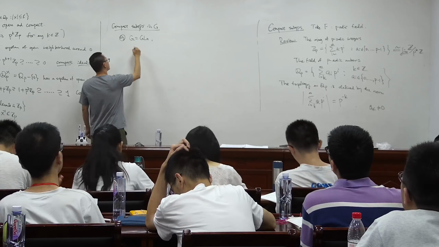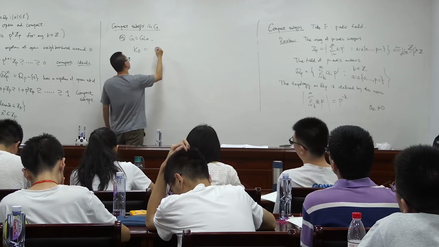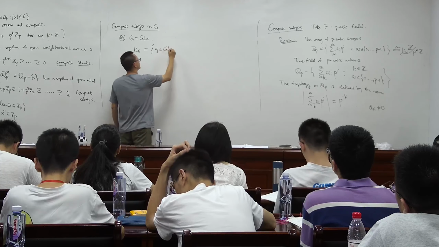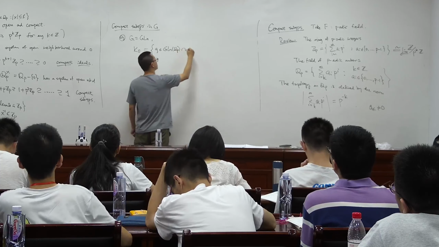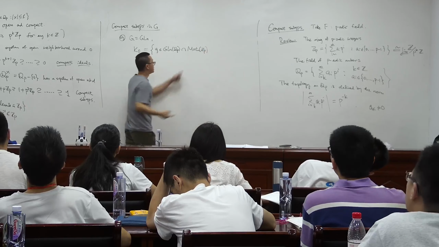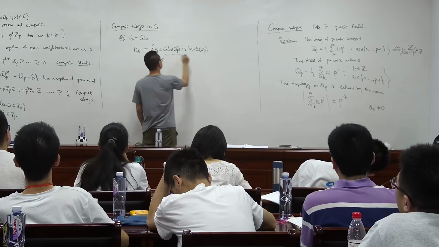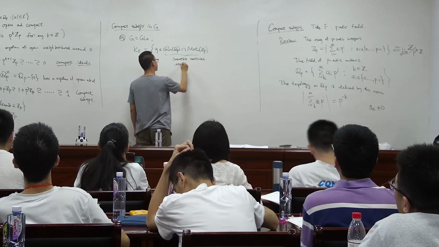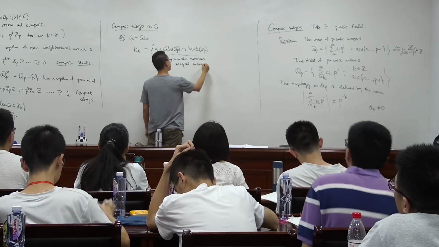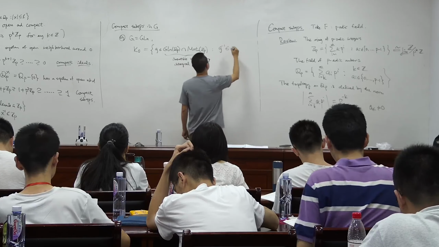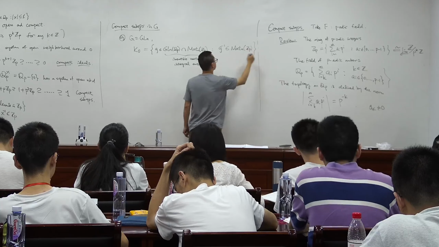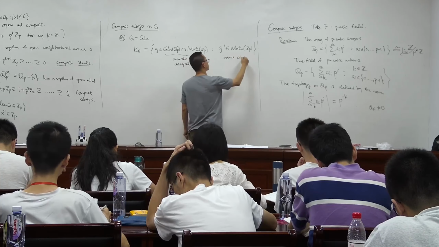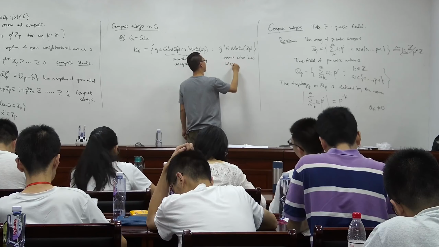I use the symbol K_0 to stand for all the invertible matrices with integral entries, such that its inverse also has integral entries.